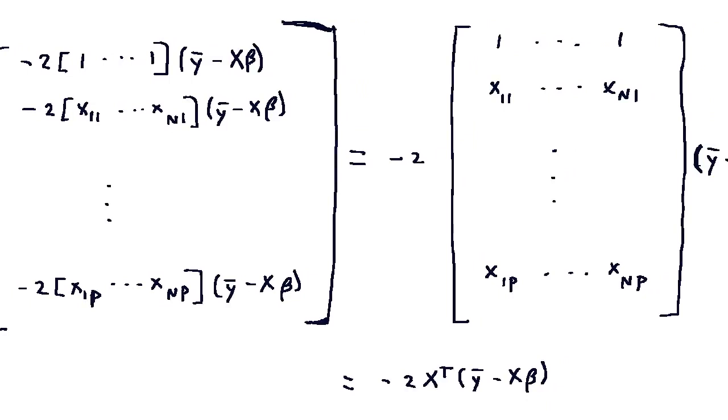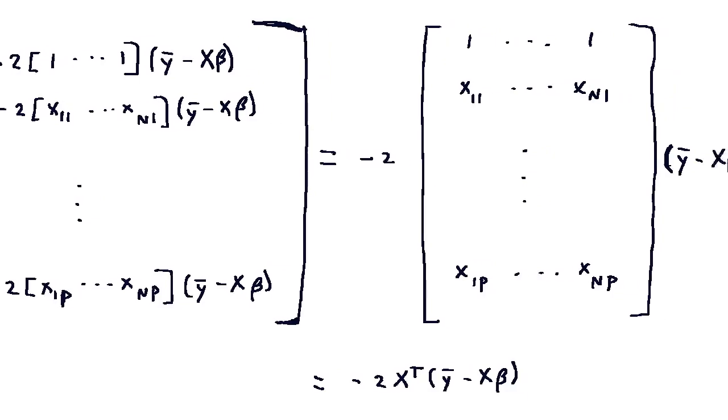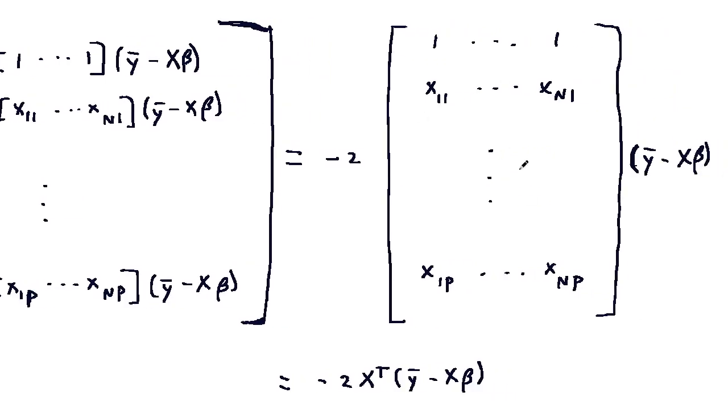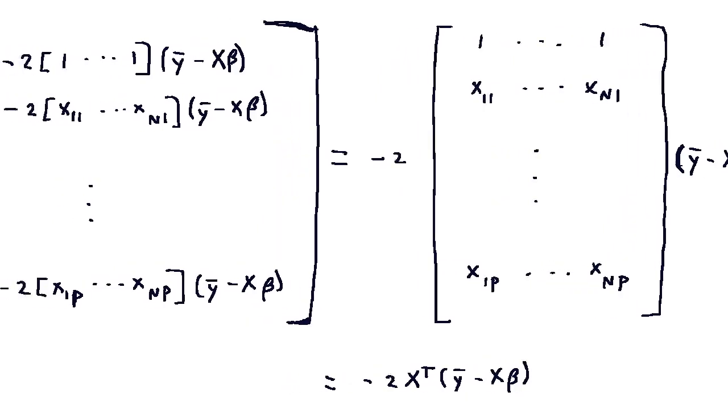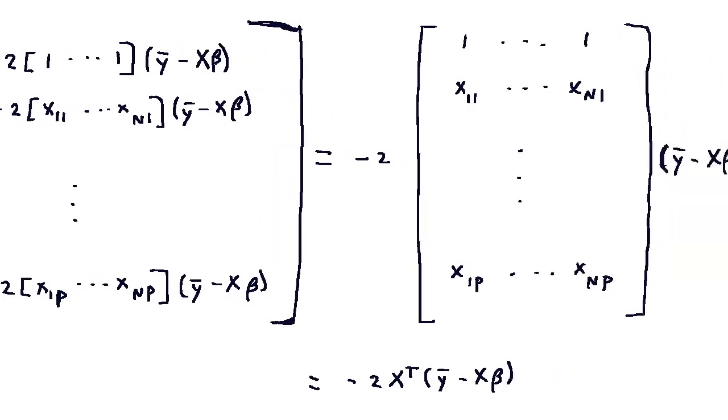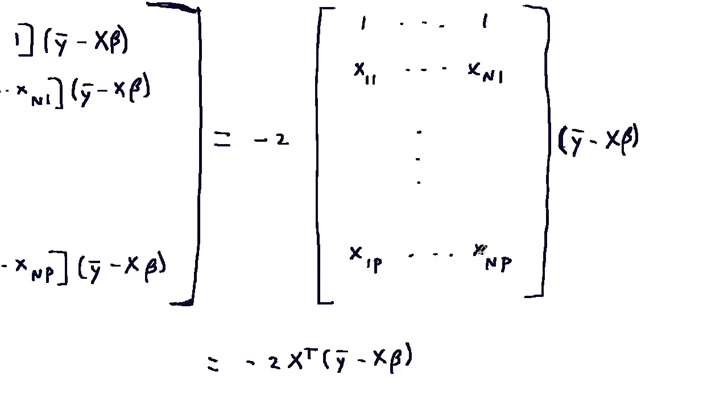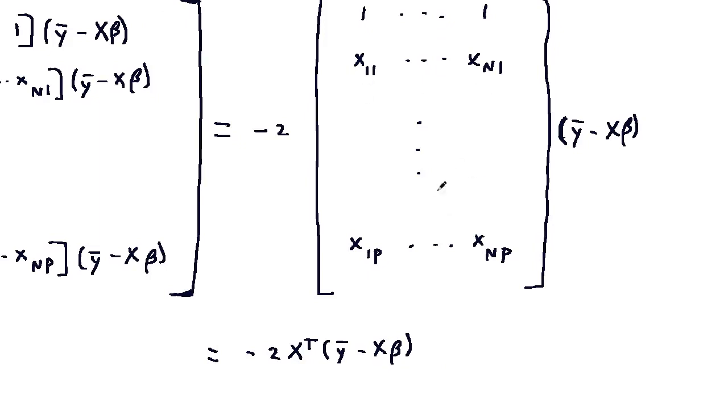And that's equal to minus 2 times this matrix times y minus x beta. And that right here is just x transpose. So the whole thing is equal to minus 2 x transpose times y minus x beta.